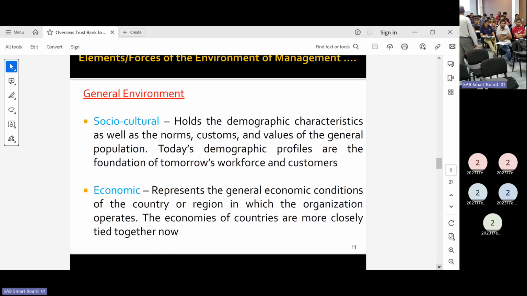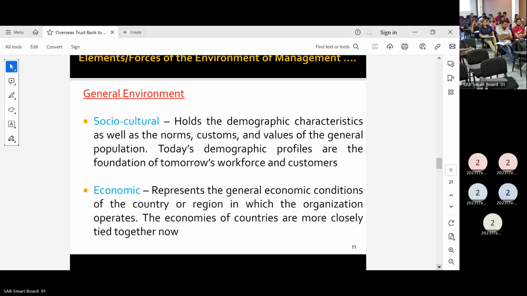Even now, the younger generation is more with the technologies and the outputs of the technologies. Not like us. Right. Those are the socio-cultural changes.